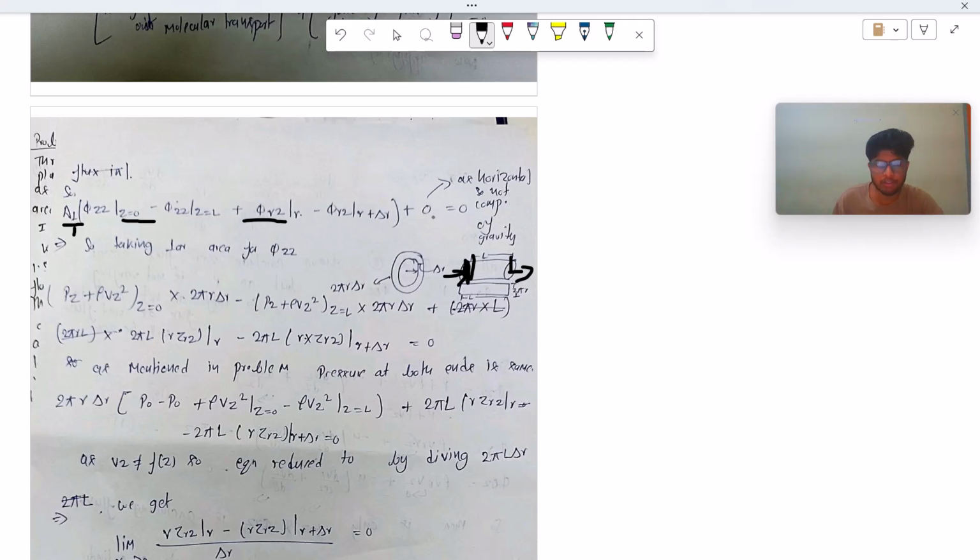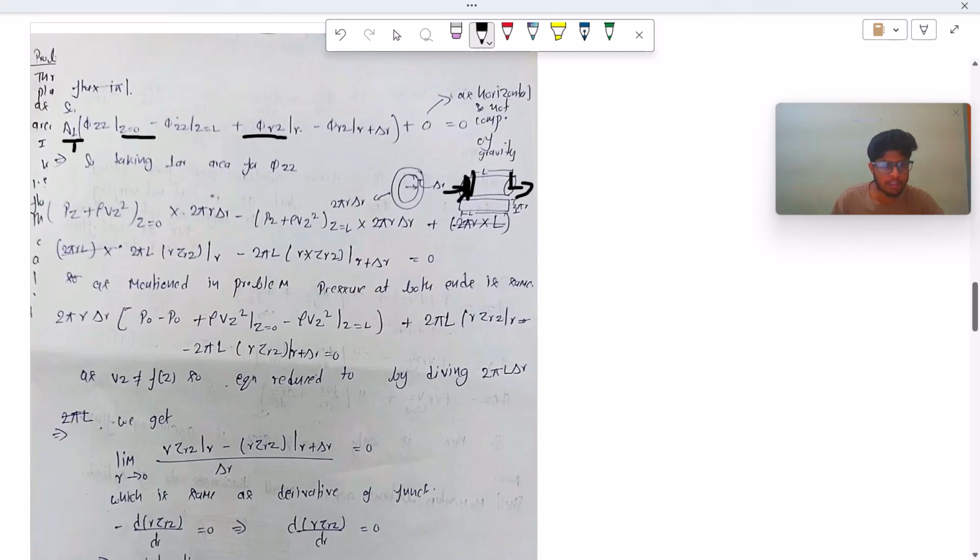So taking all the areas and balancing everything by putting in the values of phi zz and phi rz, we get this equation: (pz plus rho v z square) into 2 pi r into delta r, minus (pz plus rho v z square) at z equal to L into 2 pi r into delta r, plus 2 pi L r tau rz at r, minus 2 pi L r tau rz at r plus delta r.